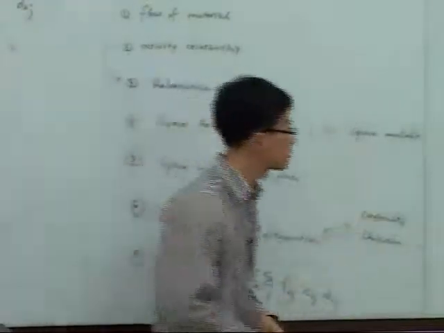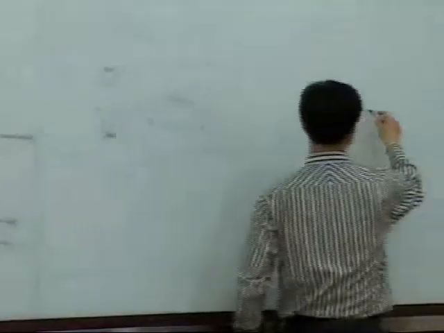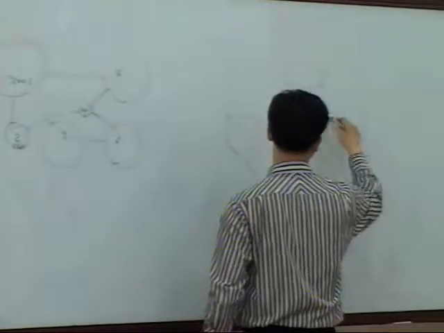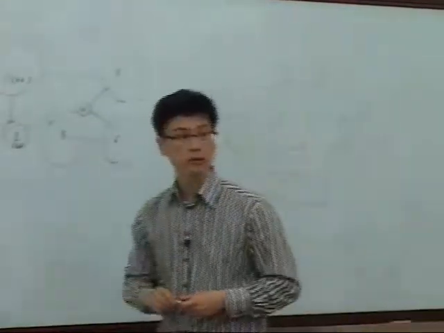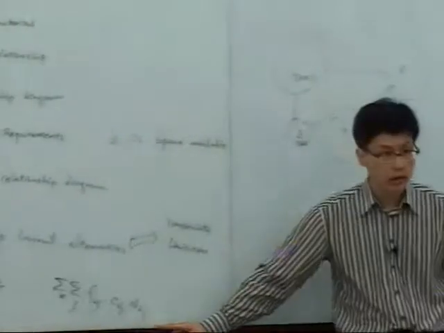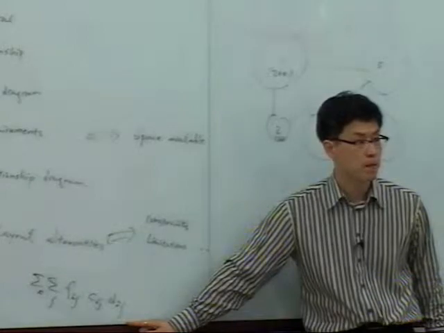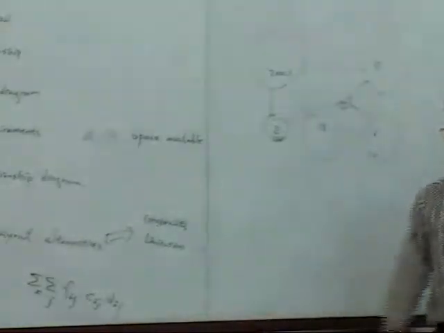Once you have the layout, you automatically know D sub ij, right?